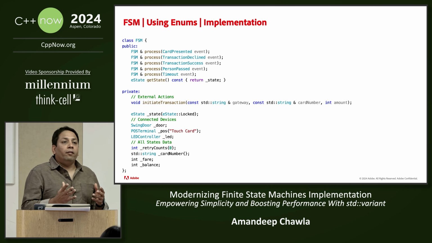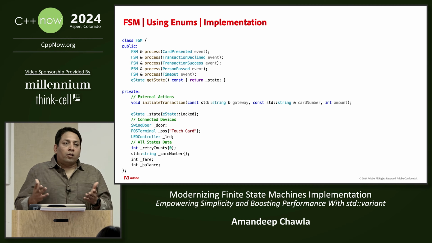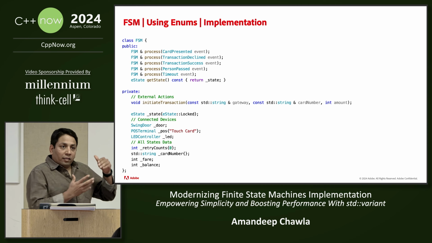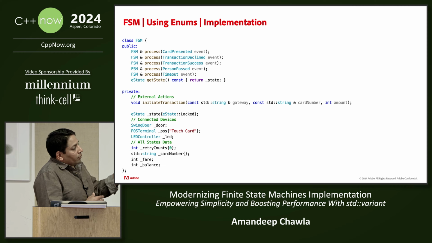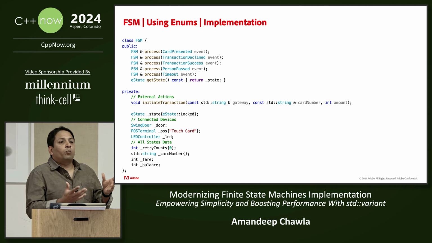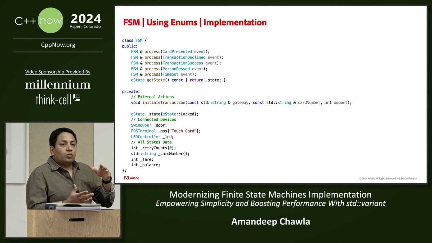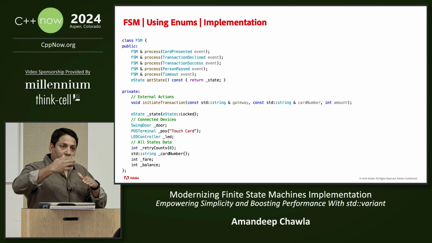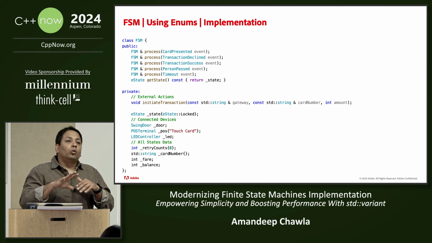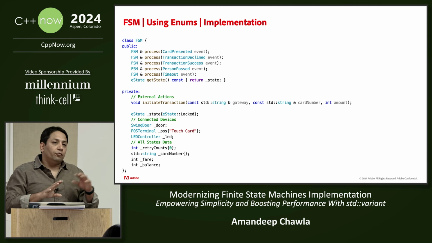It does not apply when I'm in the logged state or unlogged state. But in this implementation, when you are using enums, your system has to act like an algebraic product type. It has to have all the data members in all the states. And that is the root cause, the major root cause, of all the bugs which we will see.